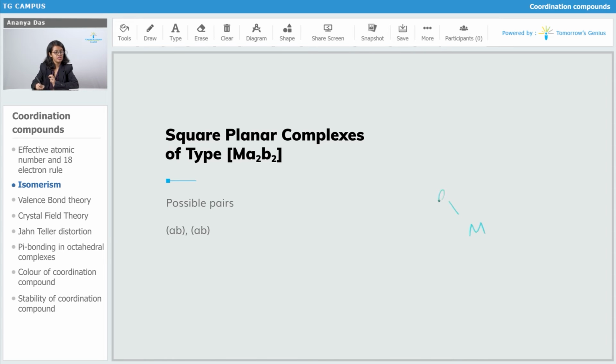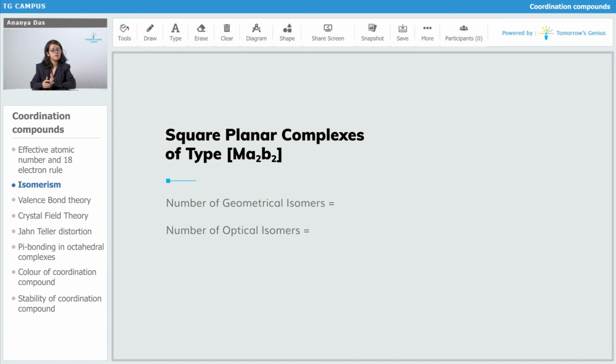In the previous one we had A is trans to A as well as B is trans to B. So in this case you can say that this is a trans isomer, whereas in the next case you can say that this is a cis isomer. So these are the only two possible pairs for this type of complex, that is MA2B2.